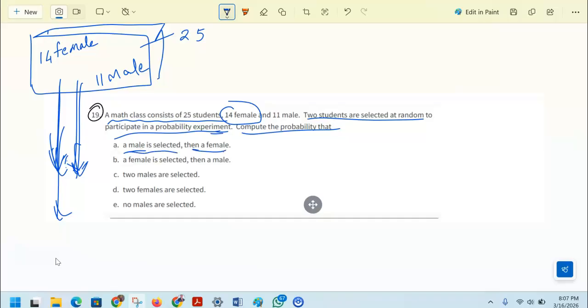That means the first one is male and the second one is female. So we can write down, let's see, M stands for male, so we could directly do this. So the question is saying first a male is selected and then a female. So probability, let's do it like this.